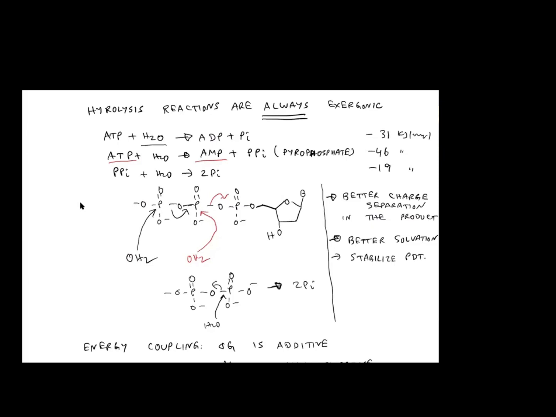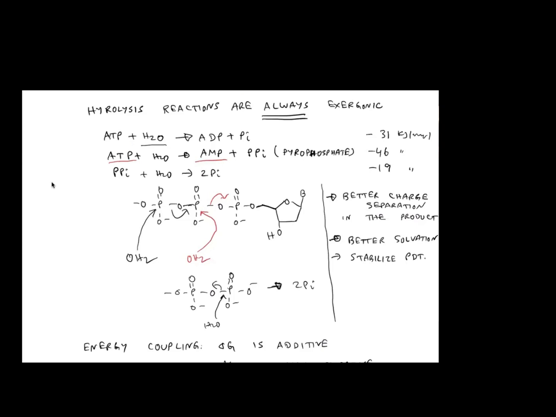Someone asked, what do you mean by better charge separation in the product? So there's less charge in the product than in the reactant. There's a lot more charge in the reactant and less charge in the product. Okay. So if you look at ATP, we got 1, 2, 3, 4 negative charges, right?